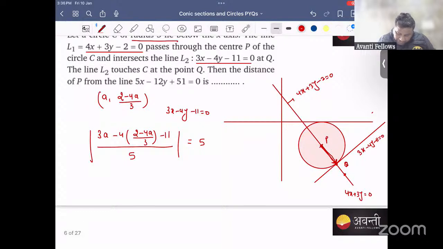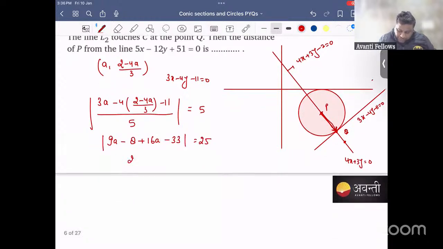So it will be 9a minus 8 plus 16a minus 33, mod, is going to be 25. So it will be 25a minus 33 minus 8, that is 25a minus 41, mod, equals 25.